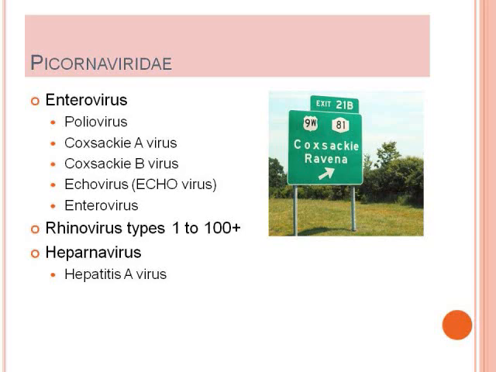I actually deleted some of the viruses that are not of concern for this class, but your book has mentioned quite a few viruses. Enterovirus is the most important virus in this group, and then rhinovirus. Rhinovirus is the one that gives you the common cold. Common cold is a rhinovirus.